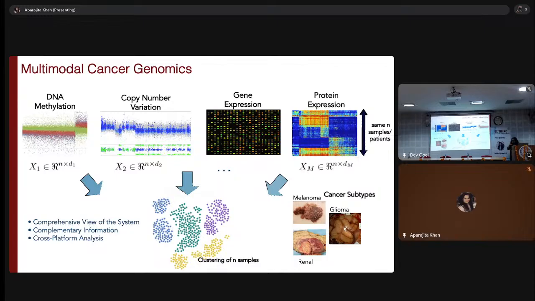That wouldn't give a global comprehensive view of the dysregulations that are happening in the cancer. So you computationally integrate the data, then find out the differences among those 500 patients, and then you design the drug for those different subsets of patients. Okay? So that is the overall idea.